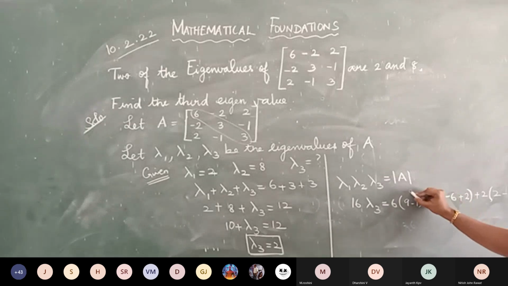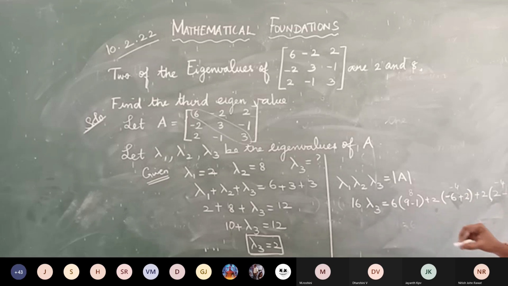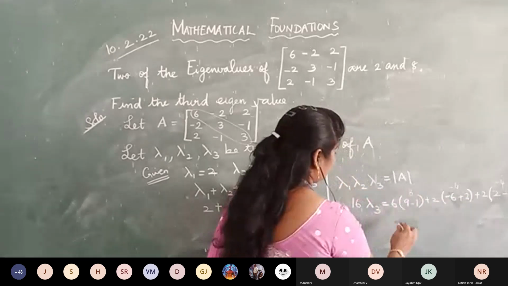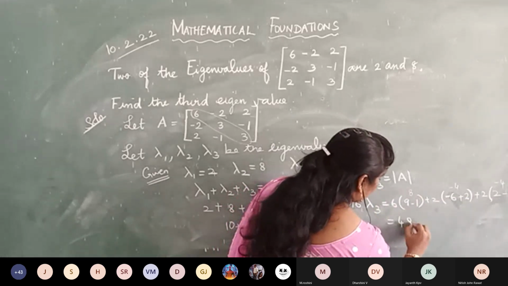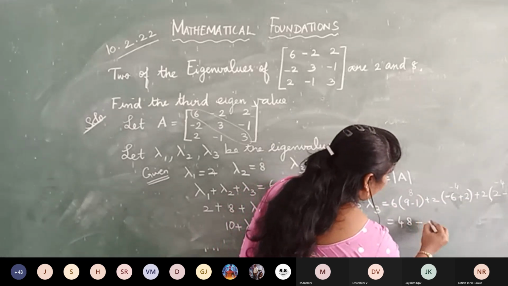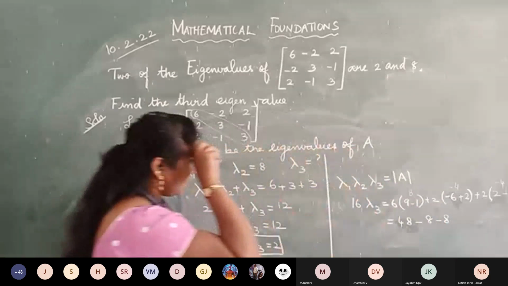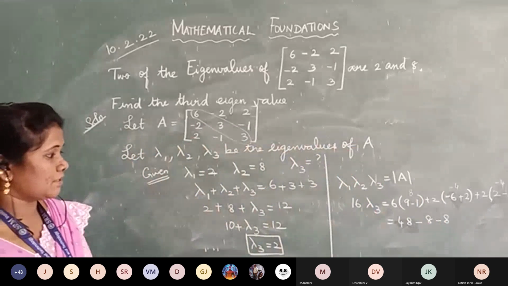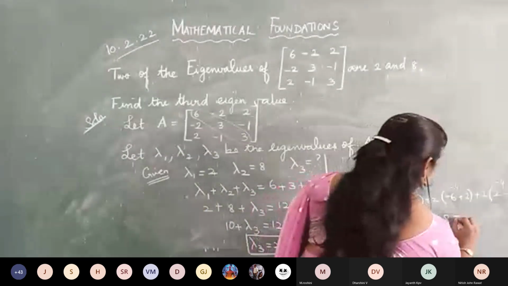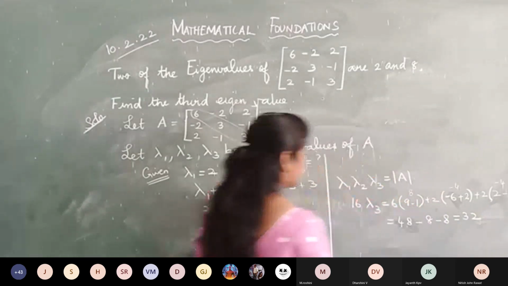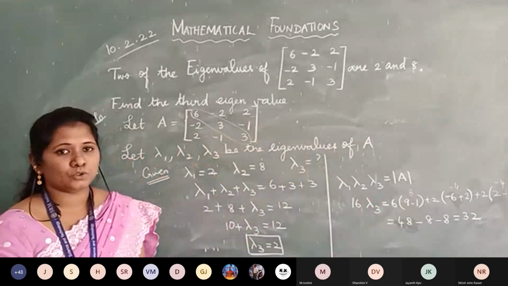So when it will be, this is 8, it will be minus 4 and this will also be minus 4. So when you multiply, you will have 8 times 6, 48, and here it will be minus 8 minus 8. Okay, so 48 minus 8 minus 8, it is 32. So 16 lambda 3 is equal to 32.